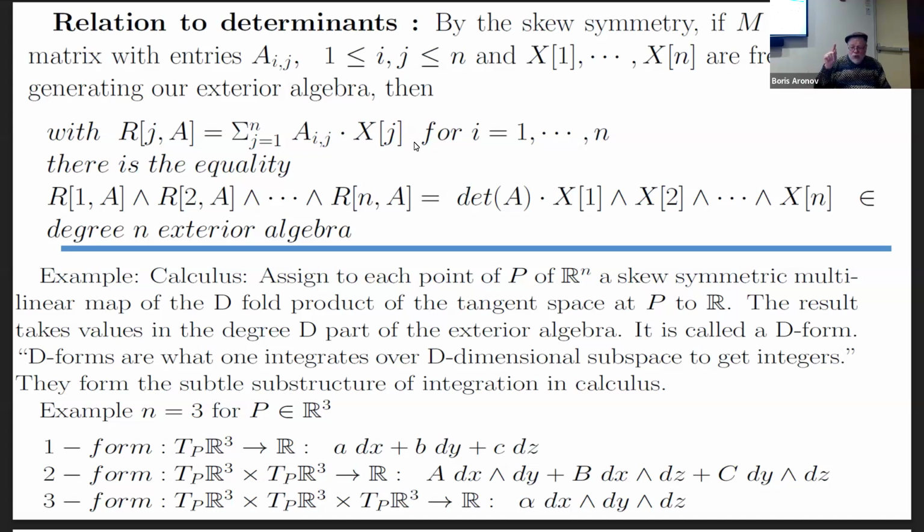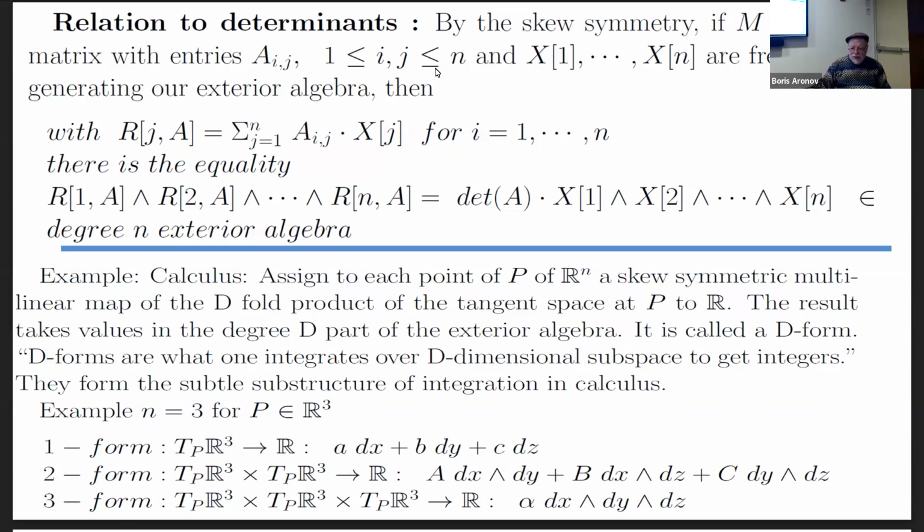When you take a linear map, a matrix, and see what it does, not just on the vector space you started with but on the whole exterior algebra, it turns out that the very top term gives you exactly the determinant. That's because these things were cleverly arranged to have the same sign changes the determinant has. So you get an expression for the determinant from the exterior algebra by looking at the top exterior power. That's how the determinant is read off from the exterior algebra. That's the relationship between them.